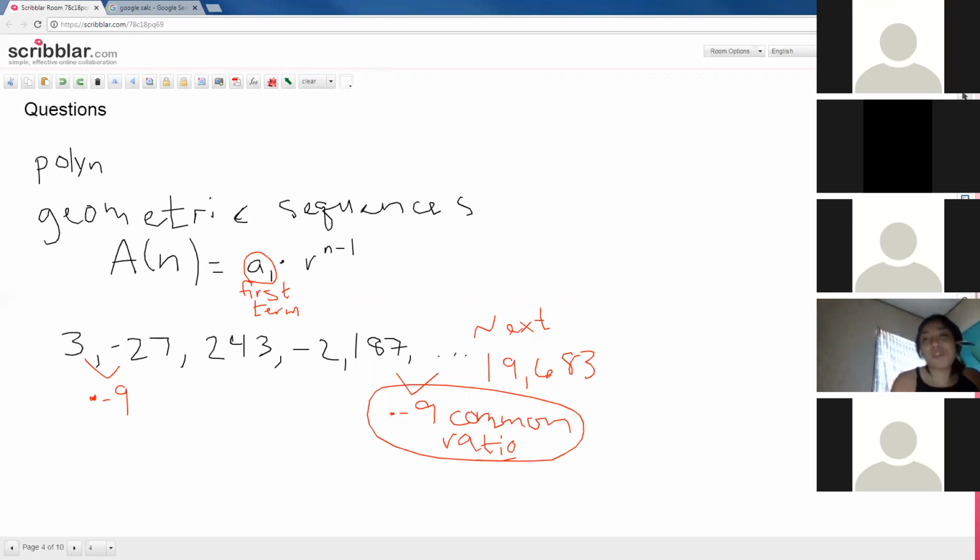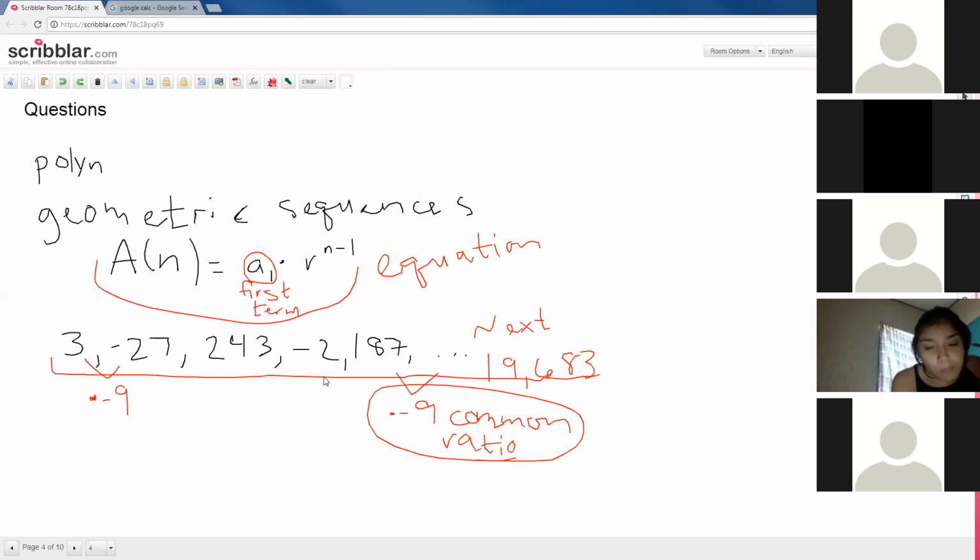So A is the first thing of our equation. We want the first term from the actual list of numbers. This whole thing is the generic equation. We want from the list of our numbers, what's the actual first number written on that list? The 3. Good. So the first term has to do with the actual numbers.